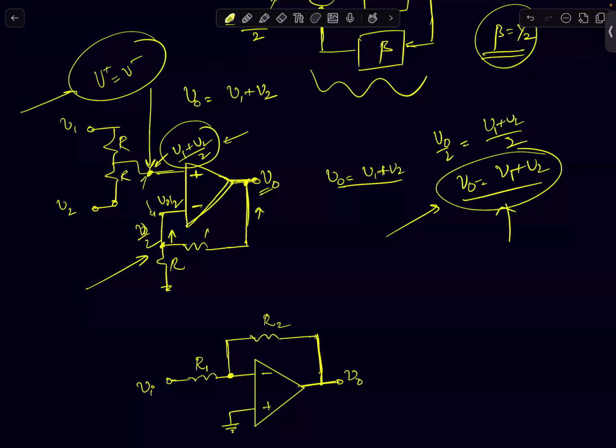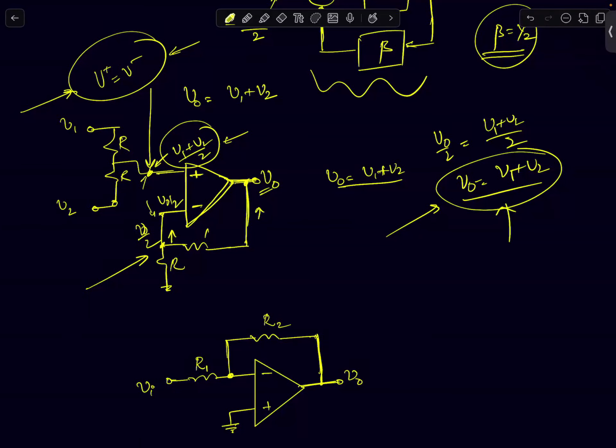So you can apply this only when the circuit is in negative feedback. You will encounter at a later stage in this course circuits which will not be in negative feedback. There are circuits which we will be building which will use a different kind of feedback, which won't obey this rule, but are very useful in some applications. Okay. So we'll come back to that at a later stage.